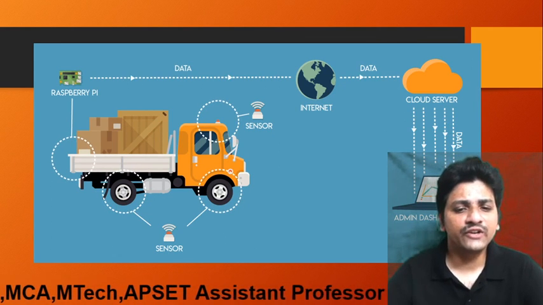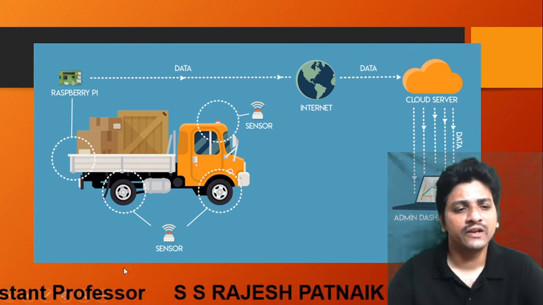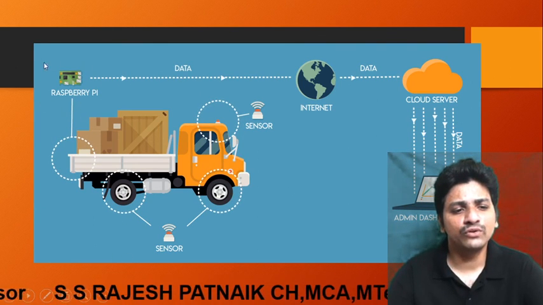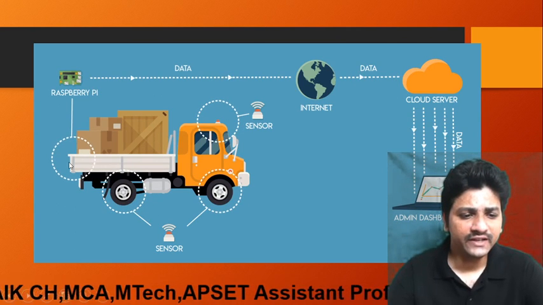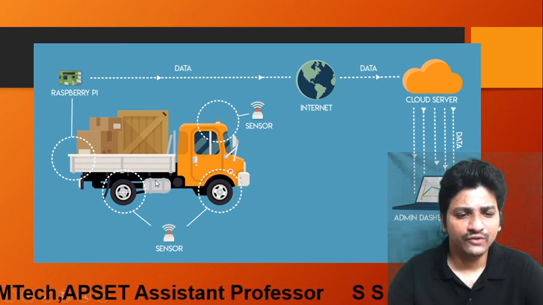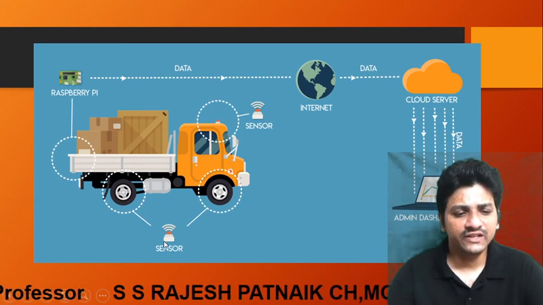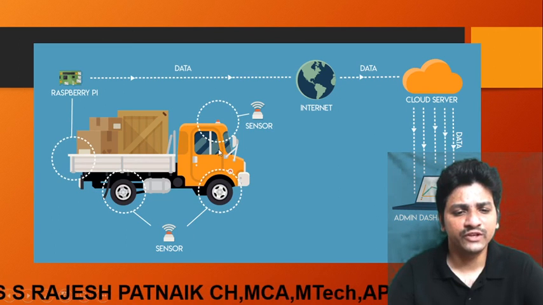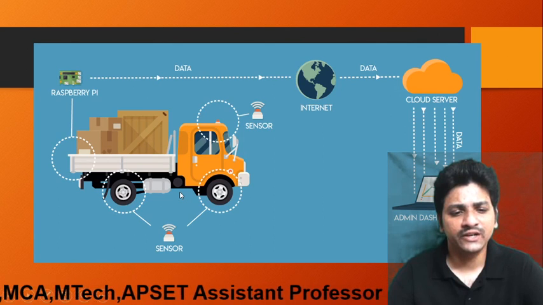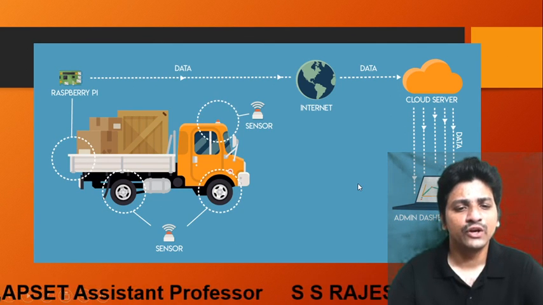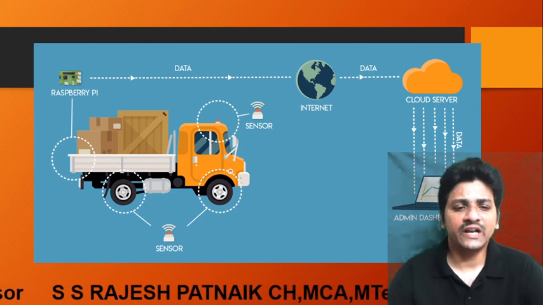Using different types of technology in this picture, the Raspberry Pi is the board used to maintain the speed. Here we arranged sensors on the wheels of the vehicle, so it will tell the speed of the vehicle, when it will reach a particular location, and the traveling time.